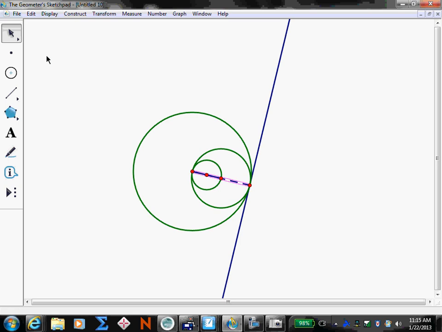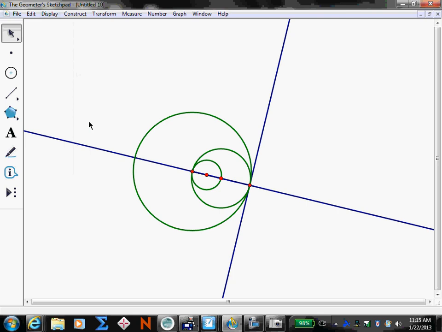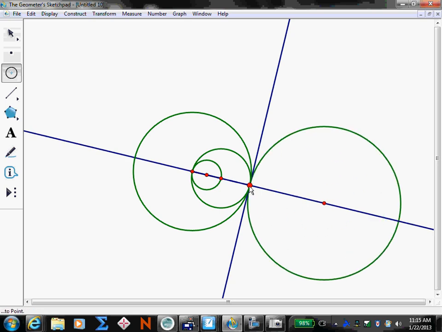I want to construct a line, so I guess I only need 2 points highlighted. Okay, so we see the diameter. Now if I pick any point on the line, I will be able to make an externally tangent circle. So I've got the point highlighted, and you can see those are externally tangent.